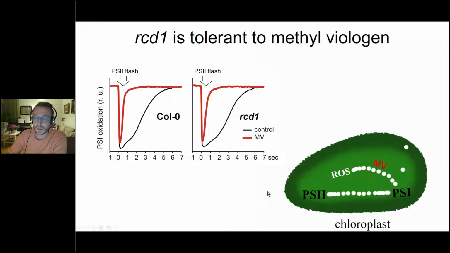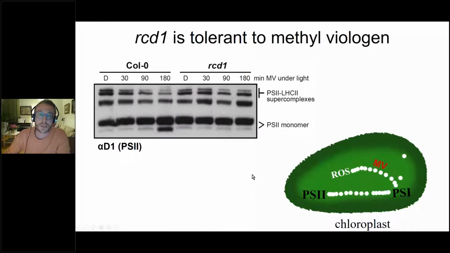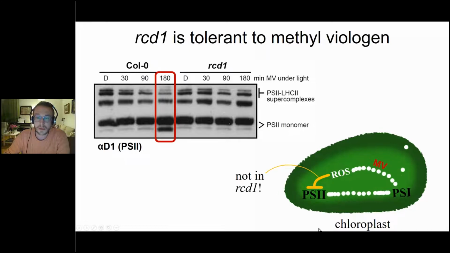So the excess of methylviologen to photosystem 1 is not the reason for the tolerance of this mutant. But later, if we give enough time, we see that photosystem 2 is dying in the wild type, but not in the RCD1 knockout. So we can draw this inhibitory line here, but mention that this inhibition is not happening in the RCD1 mutant.